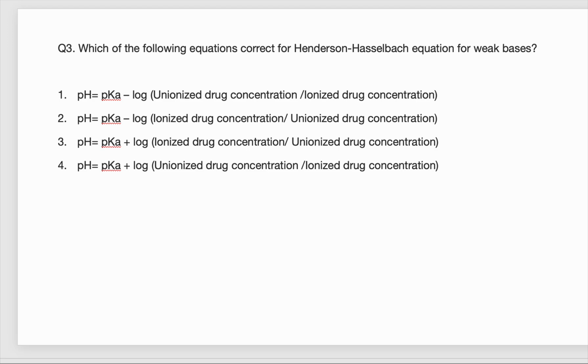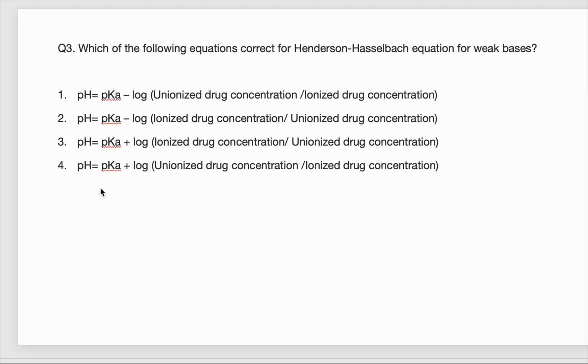Which of the following equations correctly states the Henderson-Hasselbalch equation for weak bases? You can see all the options here. There's an equation that we have, known as the Henderson-Hasselbalch equation.